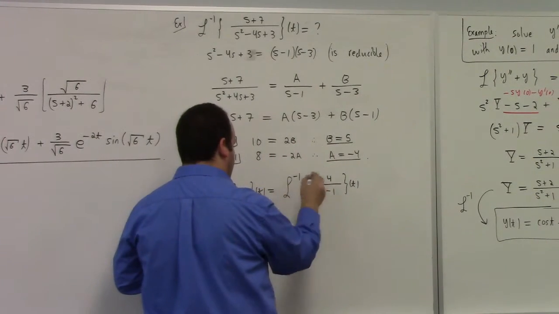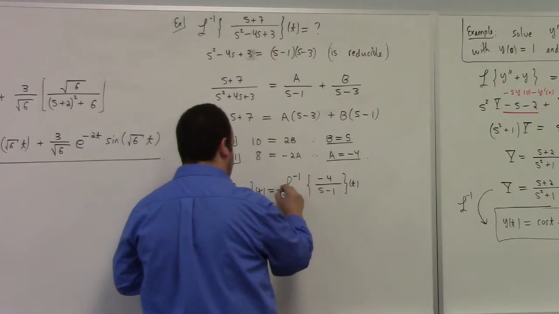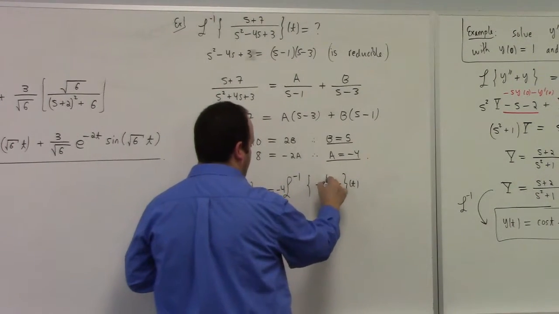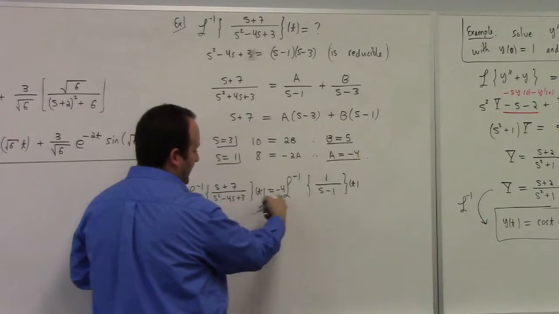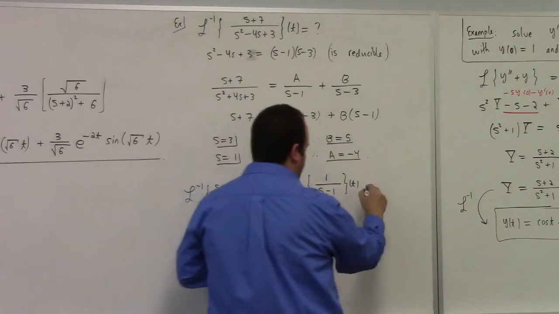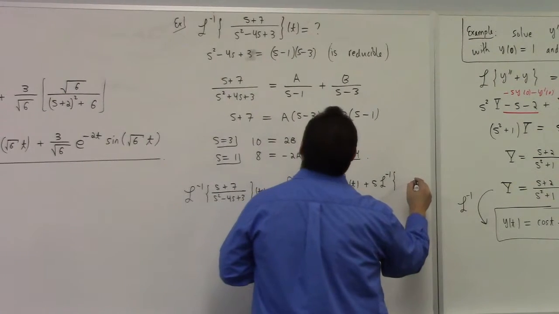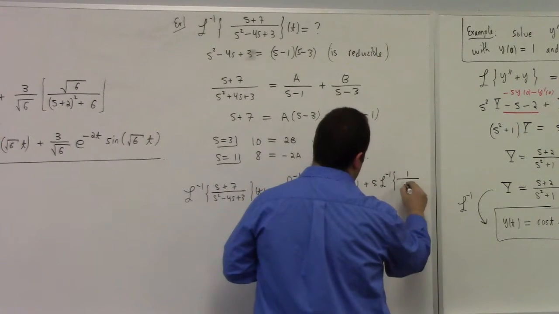The inverse Laplace transform is linear, so I can pull that minus 4 out front. This is really minus 4 times the inverse Laplace transform of 1 over s minus 1. Likewise over here, plus 5 times the inverse Laplace transform of 1 over s minus 3.